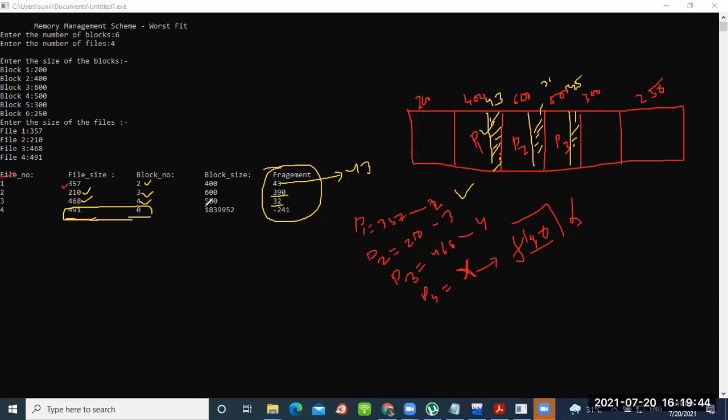Okay. Now what is this? 1800 something block size. So how much is left?